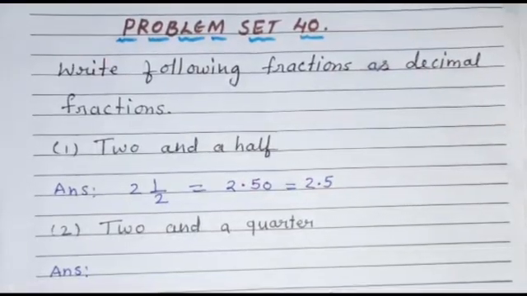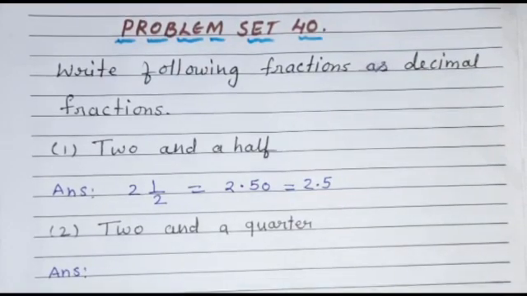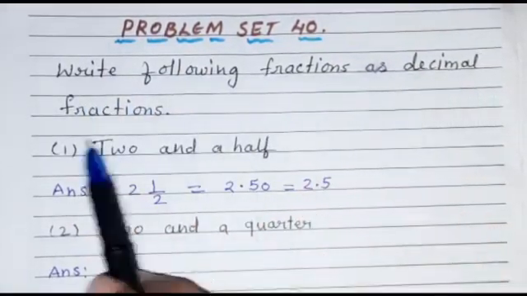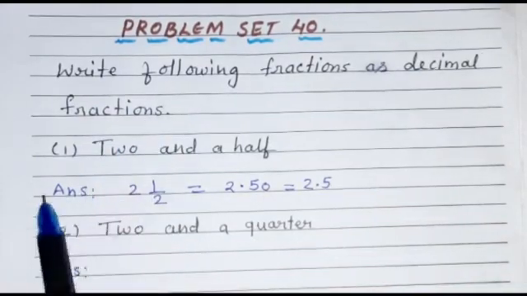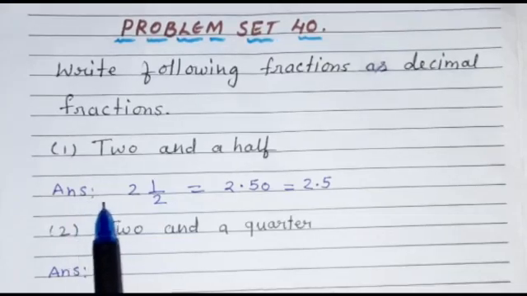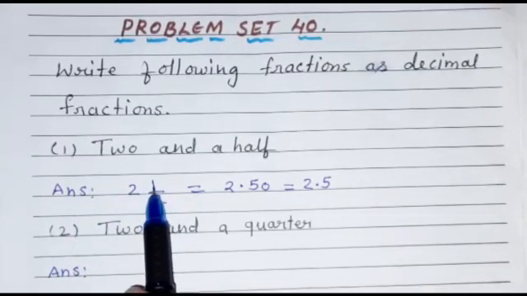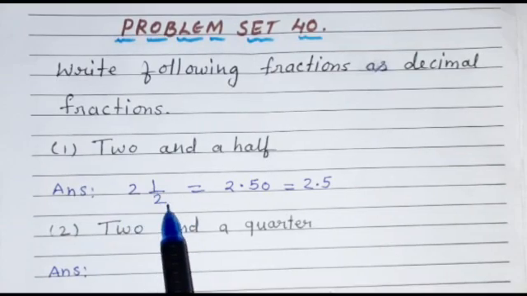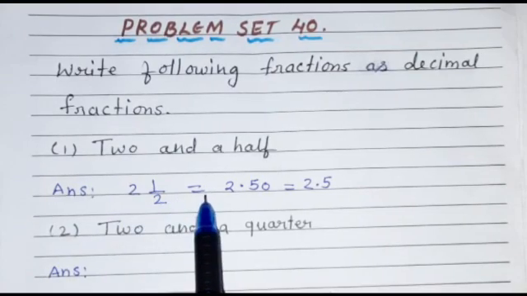Now we will solve the questions of problem set 40. First, write the following fractions as decimal fractions. First one, 2 and a half. And 2 and a half in fraction is 2 and 1 upon 2. Now write 2 and 1 upon 2 in decimal form.